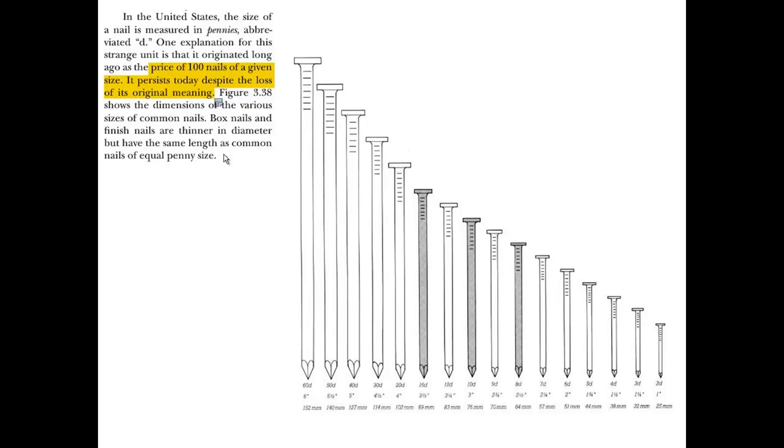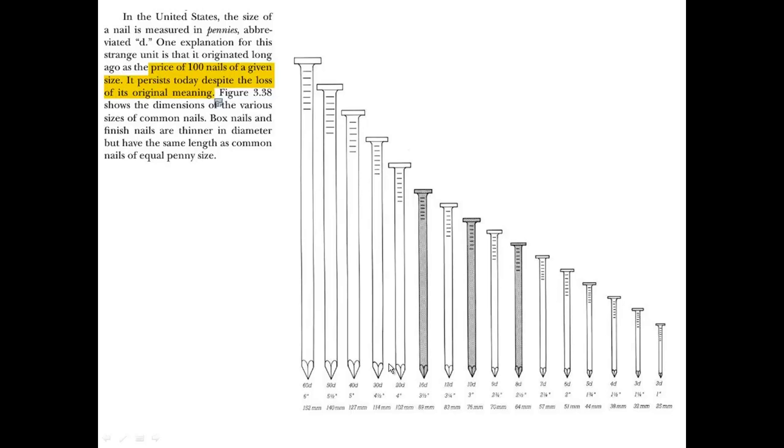So back in the early days of nail manufacturing, I could buy 100 of this size nail for 7 pennies, 100 of this size nail for 10 pennies, or 100 of this size nail for 60 pennies. So the larger the nail, the more expensive.